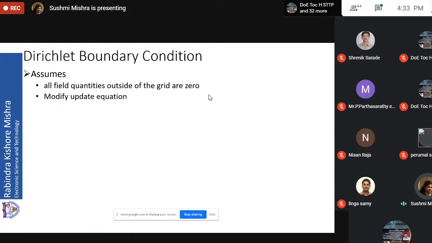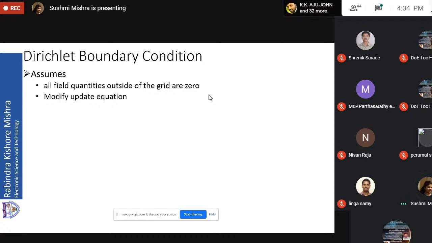Now the boundary condition that I am considering is the Dirichlet boundary condition. This is the numerical Dirichlet boundary condition, not the physical Dirichlet boundary condition. In the numerical Dirichlet boundary condition, when we implement this, we assume that all field quantities outside the grid are zero. That is the first and most important assumption.